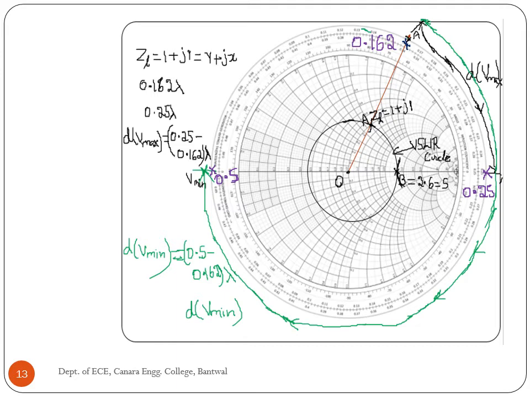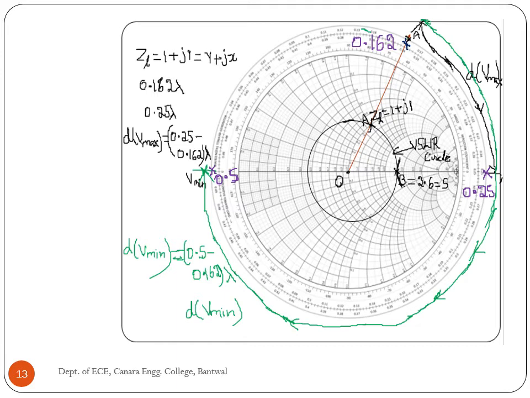problem since we are traveling from load end towards the generator end, and we need to consider the distance reading of the Smith chart in wavelength.